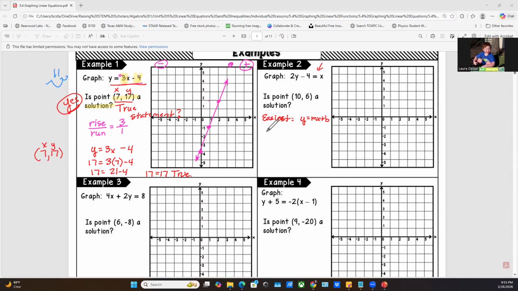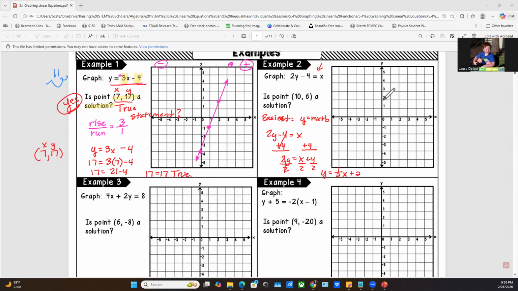Okay, so let's see, we got 2y minus 4 equals x. I'm going to move my 4 over. I get 2y equals x plus 4. I'm going to divide by 2. And I get this equation, y equals 1/2 x plus 2.